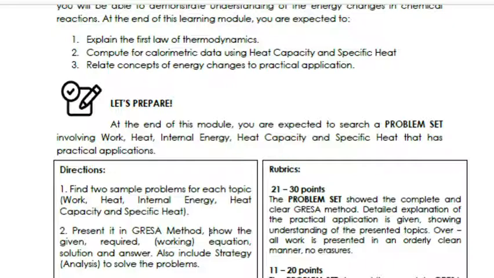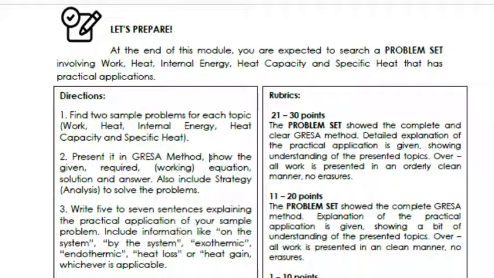And then write 5 to 7 sentences explaining the practical application of your sample problem. Include information such as by the system, exothermic, on the system, endothermic, heat loss, or heat gain, whichever is applicable.